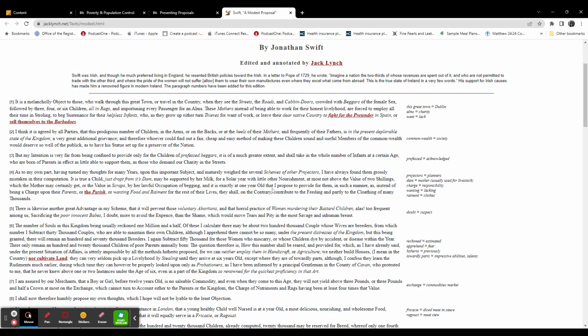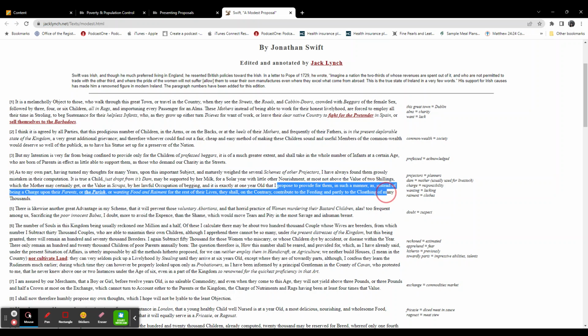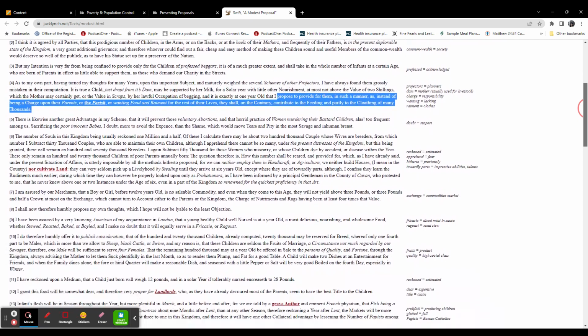How should we provide for them in such a manner that, instead of being a charge upon their parents, having to take care of them and wanting food and raiment because they're kids and can't work, they should contribute to the feeding and partly to the clothing of many thousands.